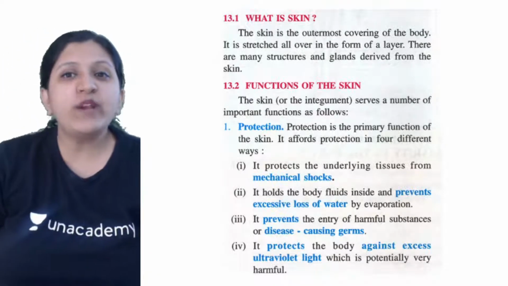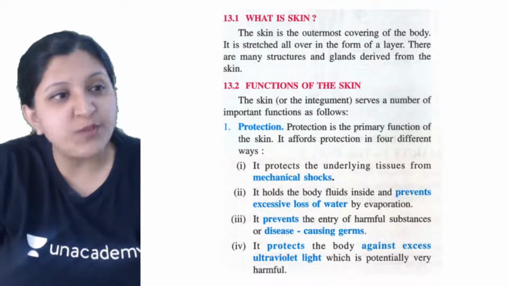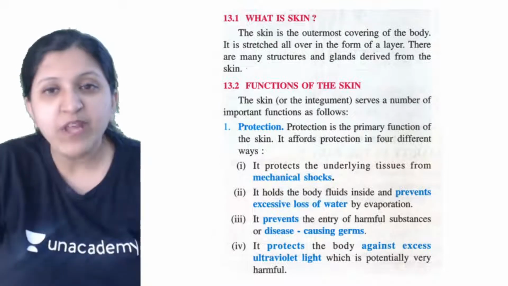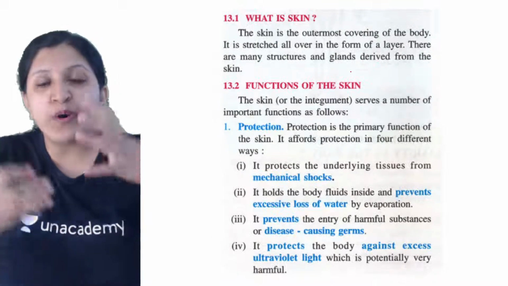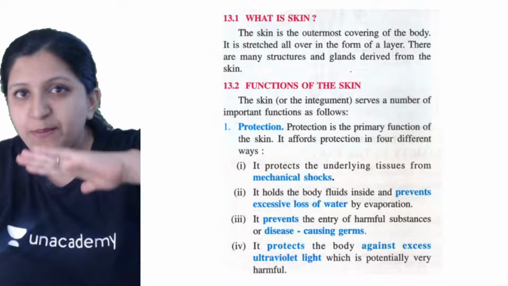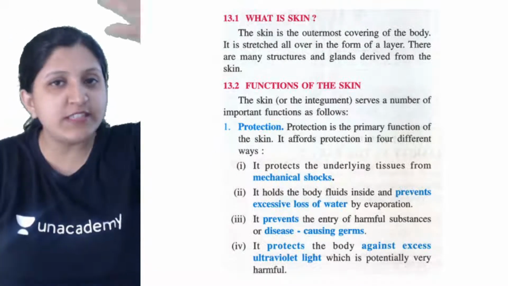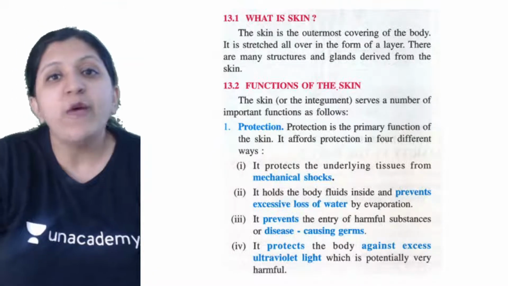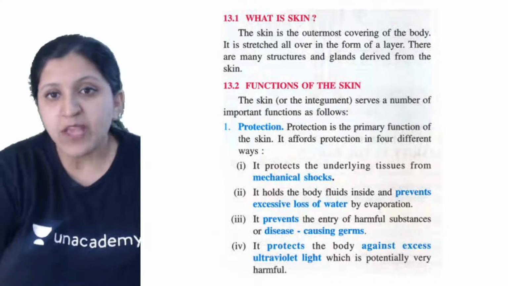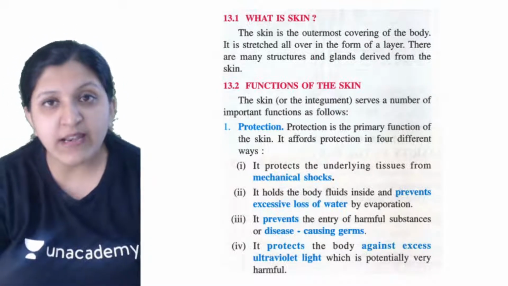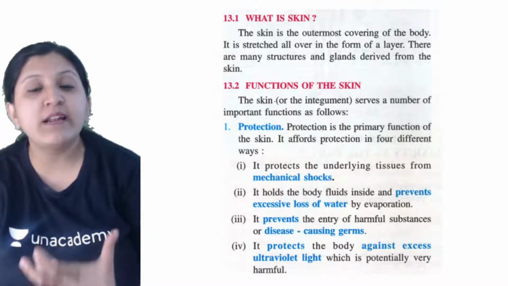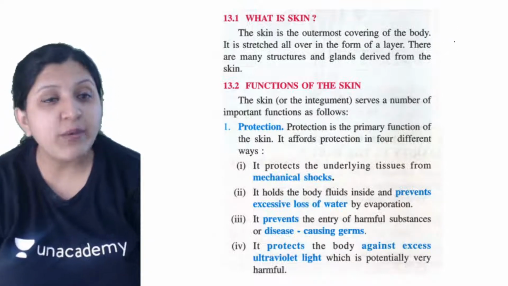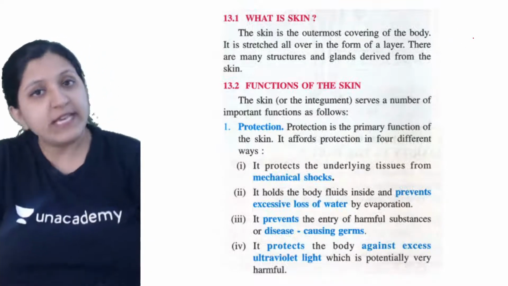So what is skin? Skin is the outermost covering of the body. It is stretched all over. It is not just present as a patch in one particular space, but all over the body in the form of a layer. There are many structures and glands, which are derivatives of skin that you will be studying in this chapter.